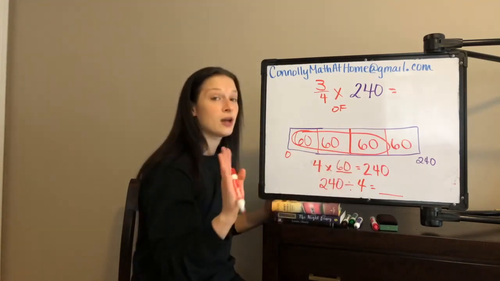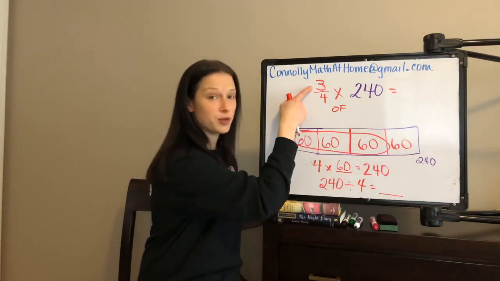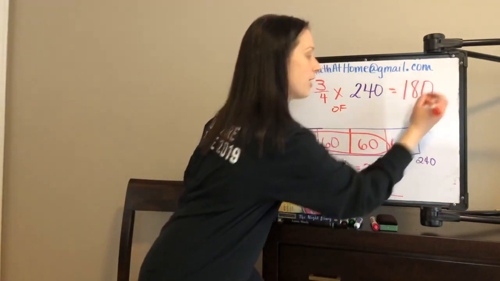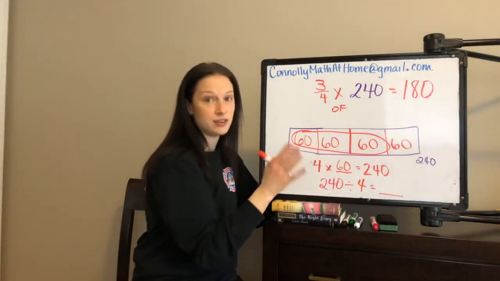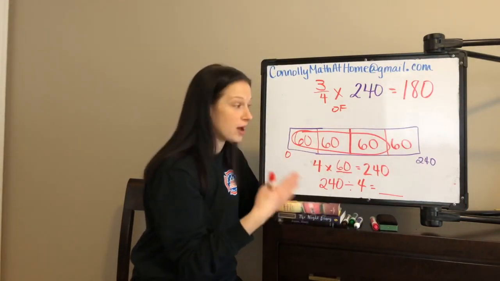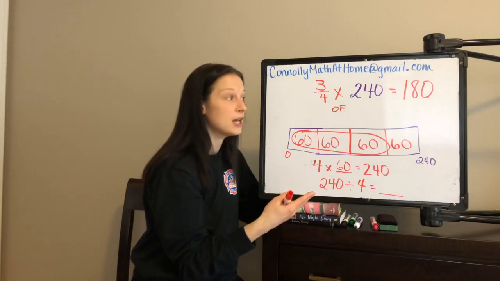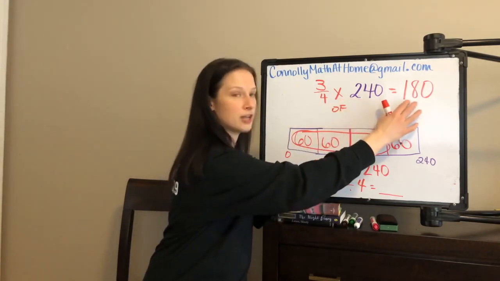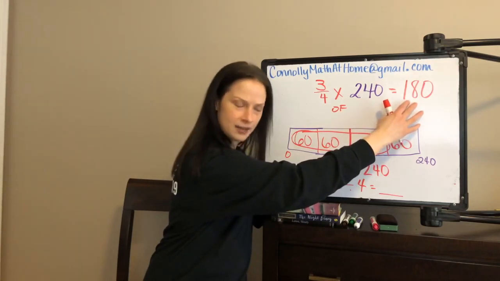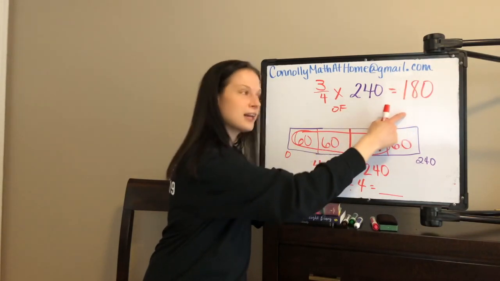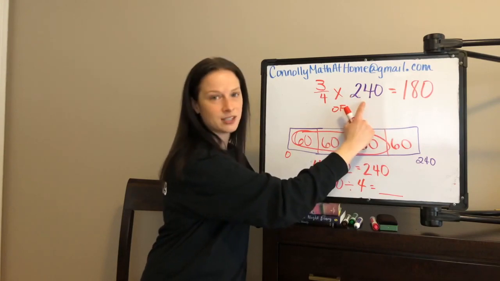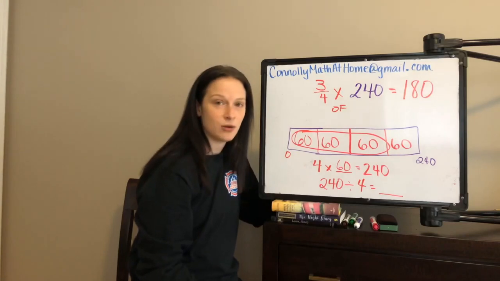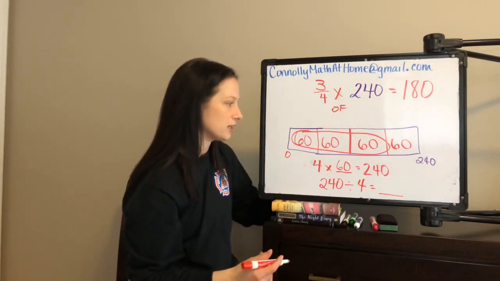Sometimes your numerator is going to be greater than 1, and you are going to have to figure out how many of the fractional parts that you split your whole into that you're going to have to take. So 3/4 of 240 is 180. Again, 180 is less than this factor. So something is happening when we multiply by a fraction less than a whole. And I want you to be thinking about that this week.